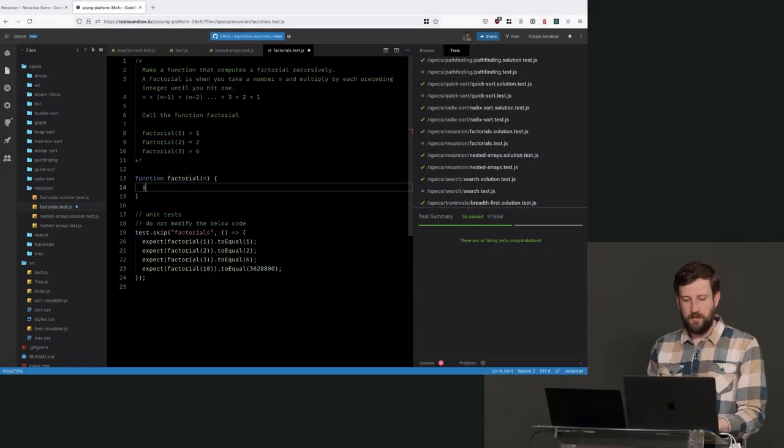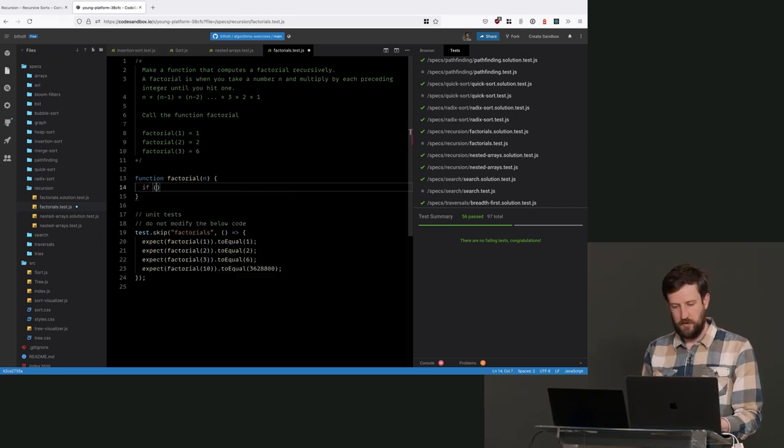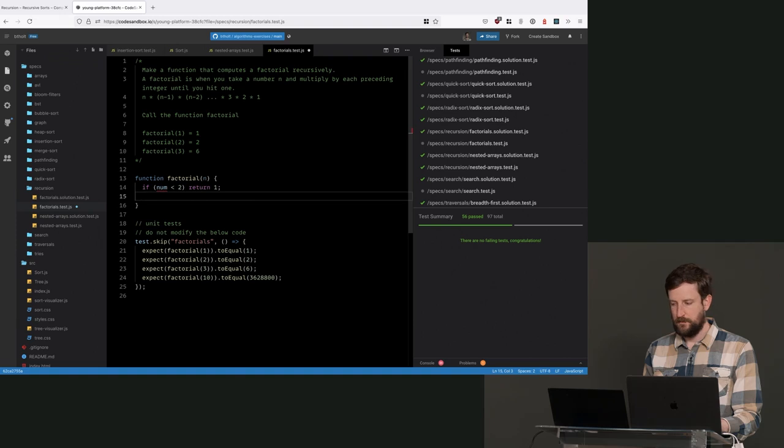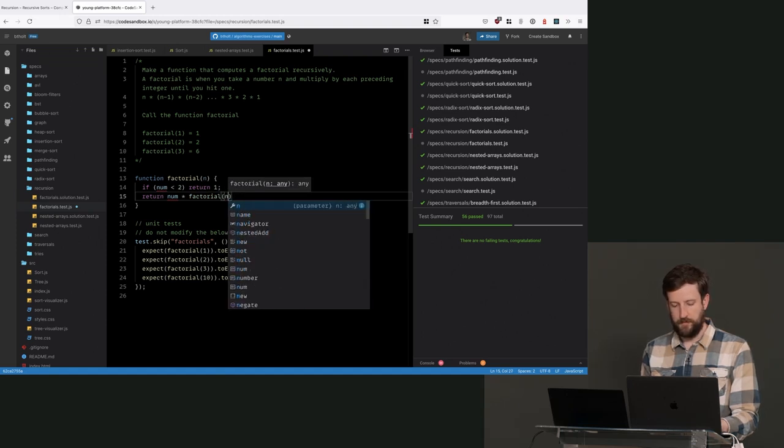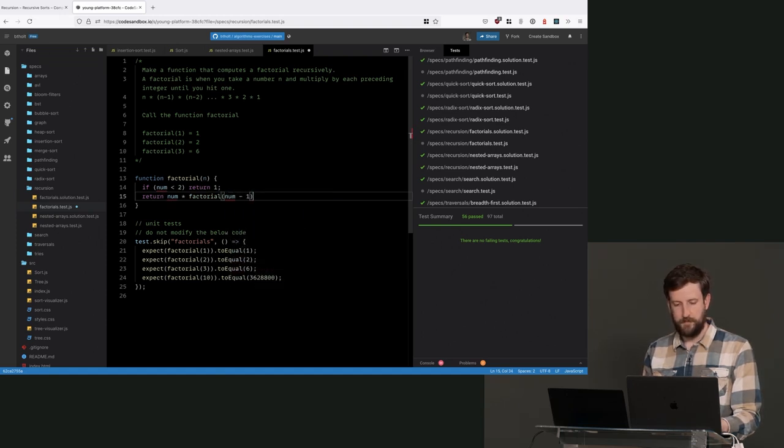So first thing, base case: if num is less than 2, return 1. Otherwise, we're just going to return num times factorial of num minus 1. Or n, I have n here.